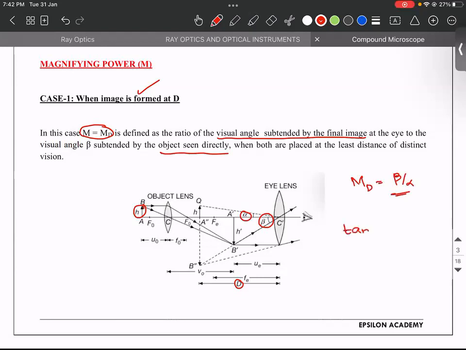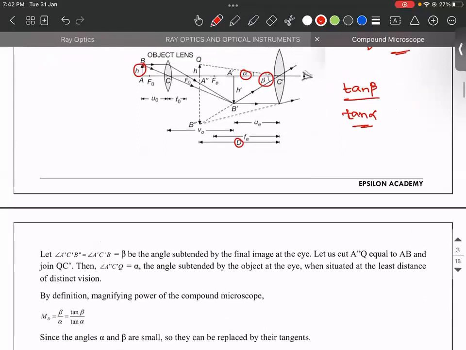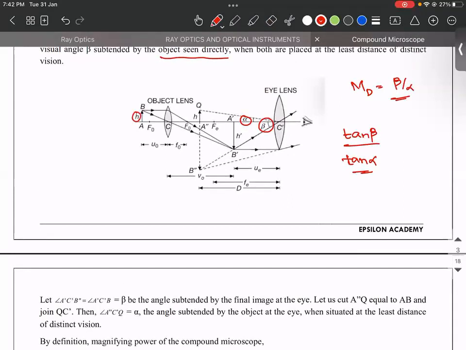So the magnifying power in this case is beta divided by alpha, but the angles are so small that it is tan beta divided by tan alpha. The diagram is very simple. The object AB placed in front of the objective forms an image A'B', which is real and inverted.